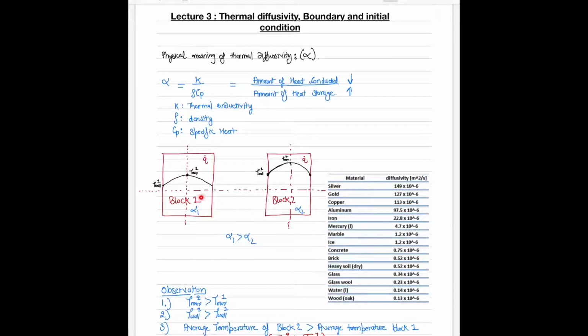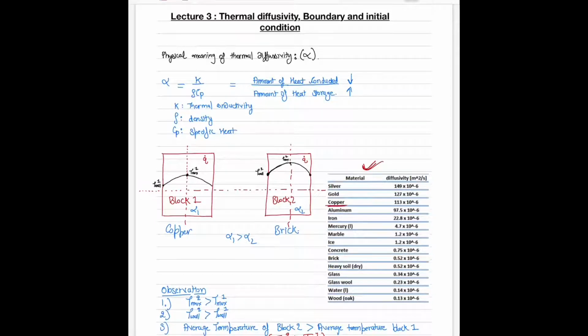To understand this concept in more detail, I have considered two blocks, block 1 and block 2. Block 1 has a thermal diffusivity of alpha 1 and block 2 has a thermal diffusivity of alpha 2, where alpha 1 is greater than alpha 2. So we can consider block 1 as copper and block 2 as brick.